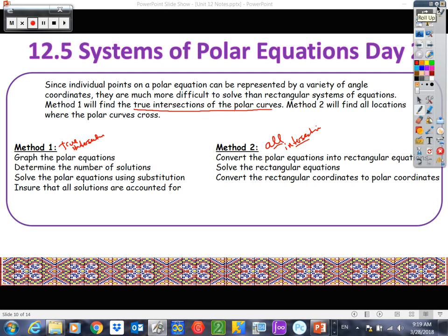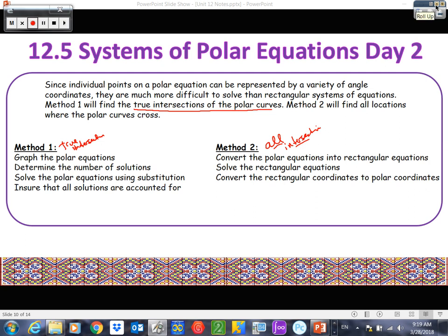All right, so let's talk through the procedure. How do we do each one? To do the true intersections, you would need to graph the polar equations, look at the graph, and get an estimate of how many solutions you think there are. Then we're going to solve the polar equations using substitution.